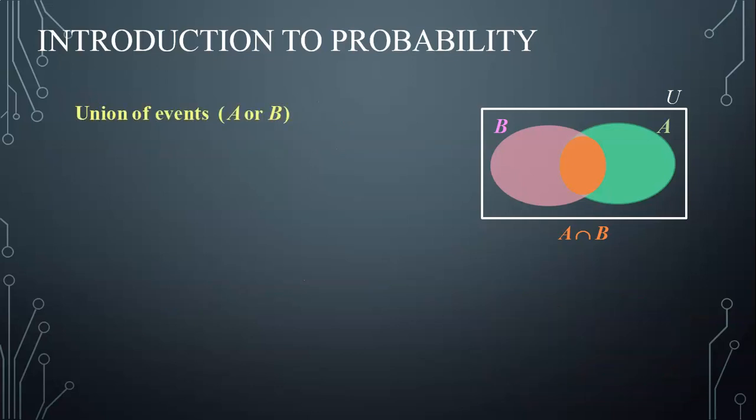However, the union of 2 events consists of the elements in A or B, so the elements could be in A only, B only, or in both A and B at the same time.